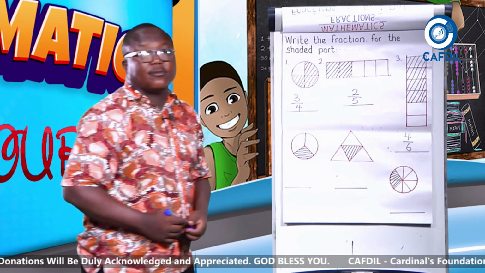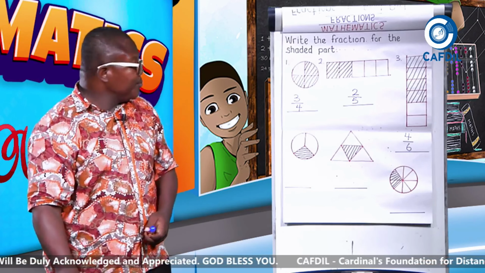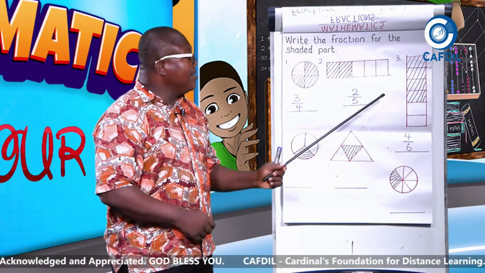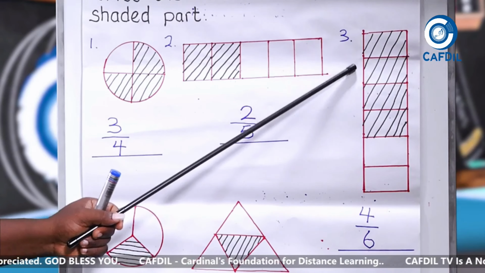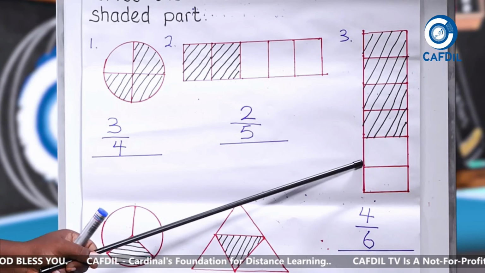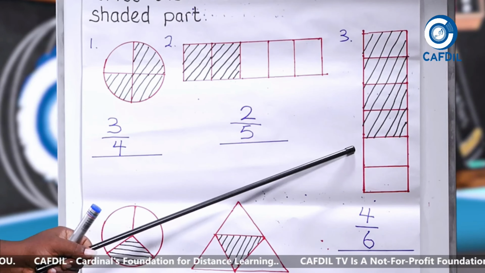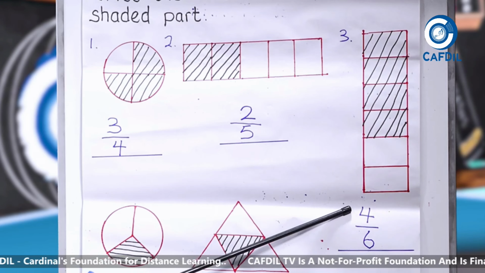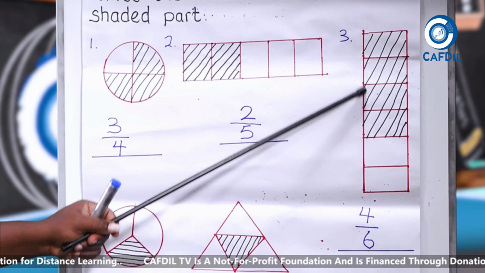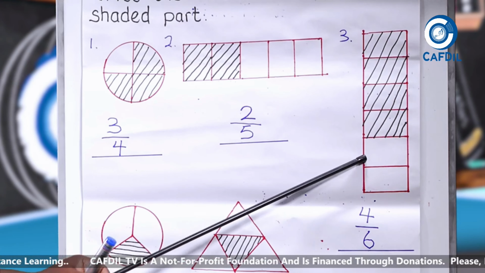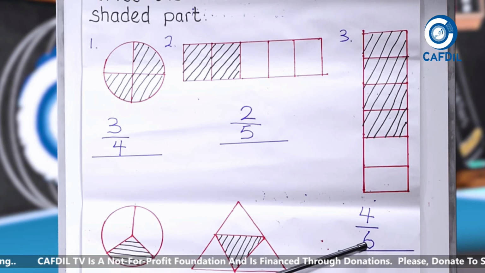So this one too, when we are saying the fraction for this, it is going to be what? 4 out of 6. 4 has been shaded out of the total what? 6.